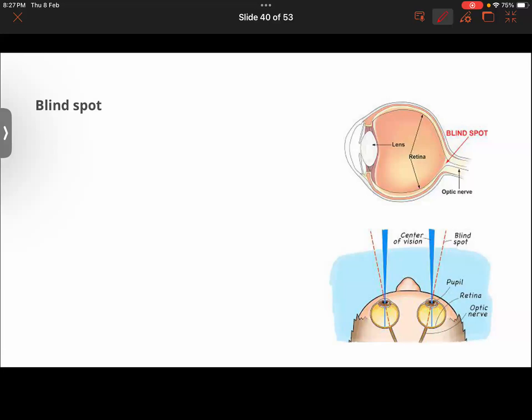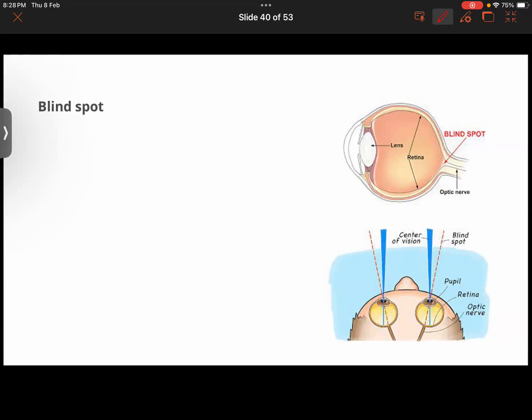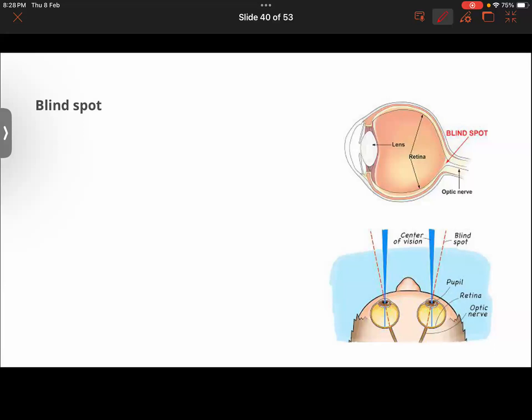Okay. So what happens at the junction where the optic nerve and the retina meet? That is, this point here, this is the retina, and that is the optic nerve. At the junction of the two, it lacks rod and cone cells.